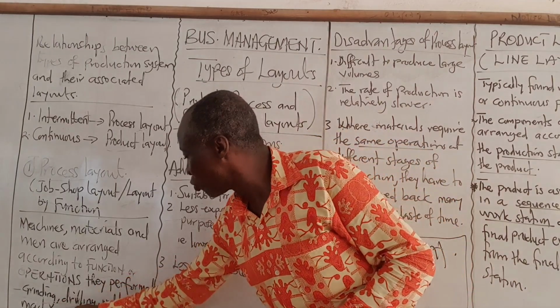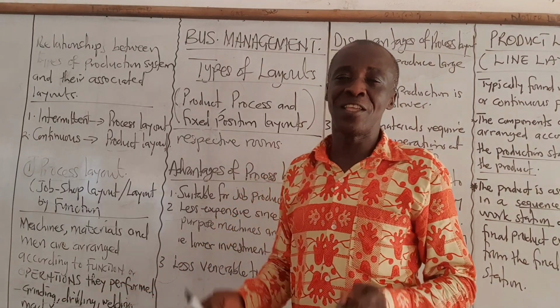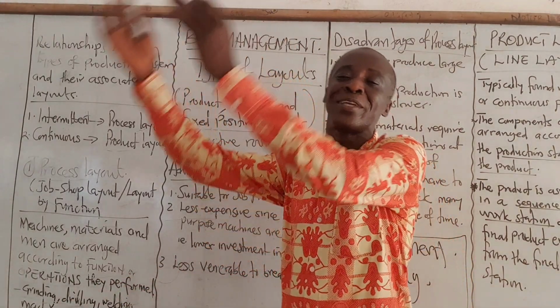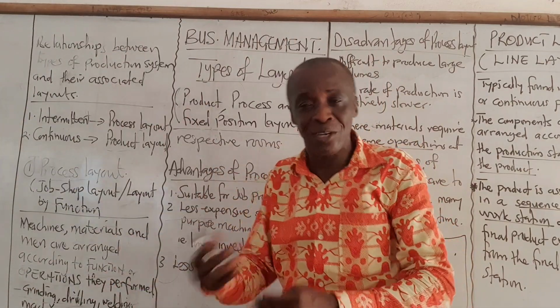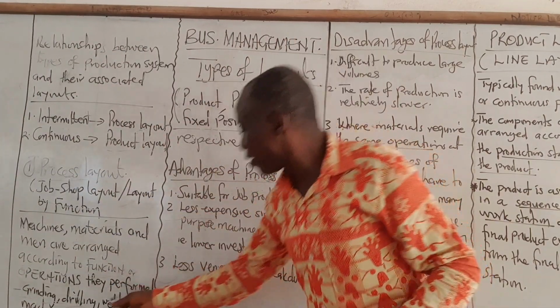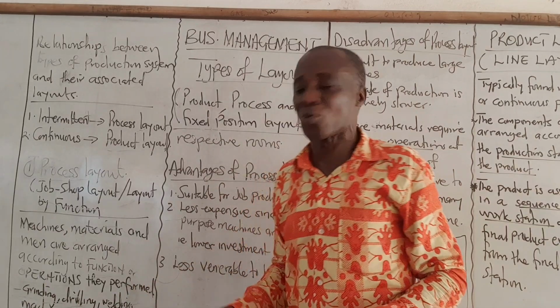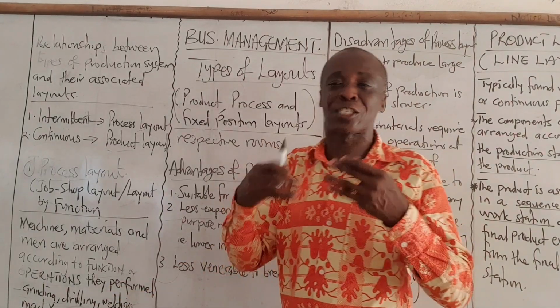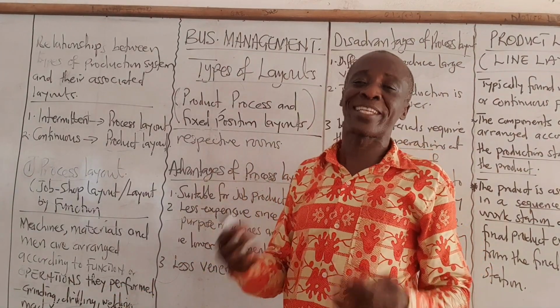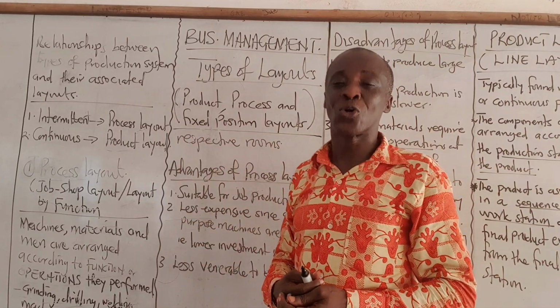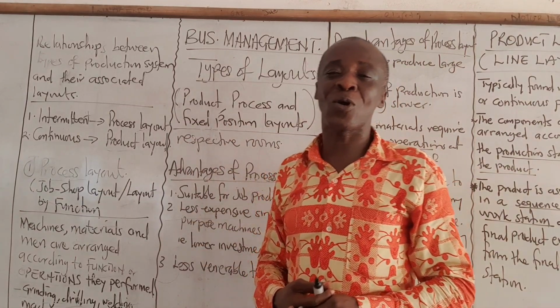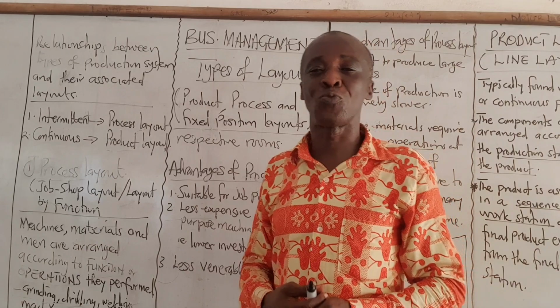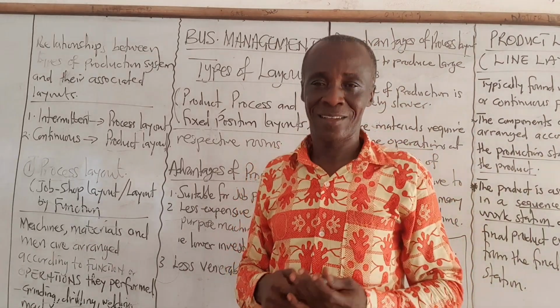Those who are supposed to drill, if work had already been done for them to drill, they will still be drilling. If the drill machine is spoiled, welding can be going on. So you see, it is very difficult for production to be held back.